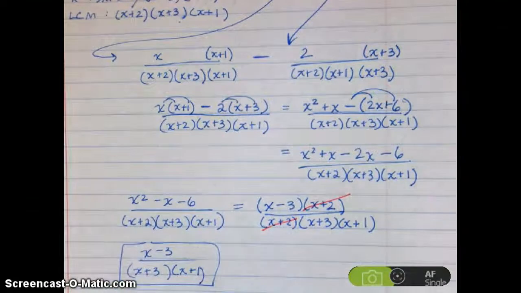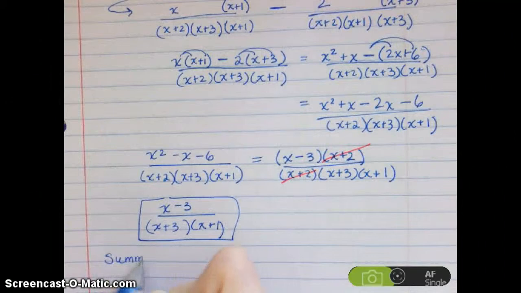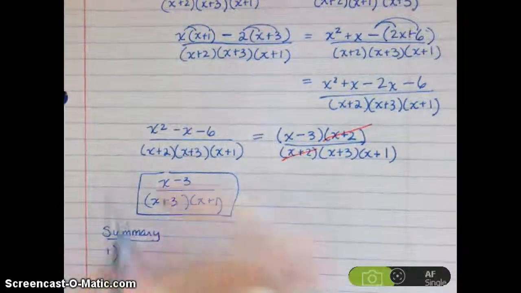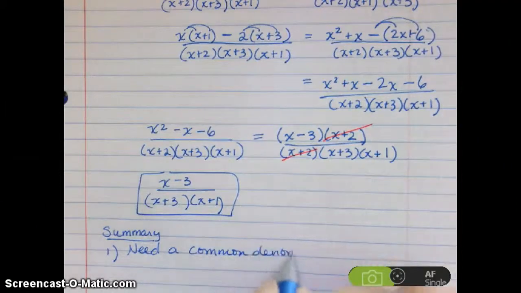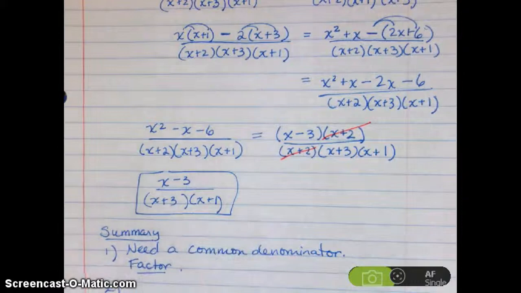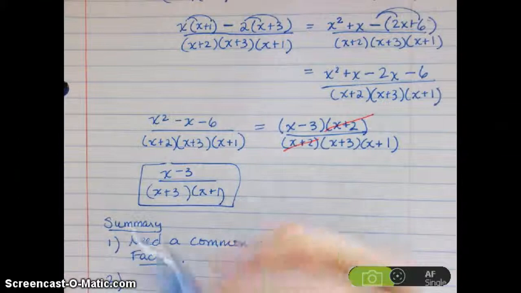Here's a summary of steps for adding or subtracting rational expressions. 1, we always need a common denominator. Factor each denominator to get started. 2, leave the common denominator in factored form and add or subtract your adjusted numerators.